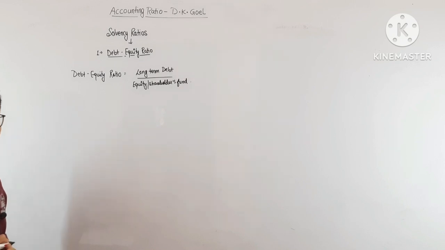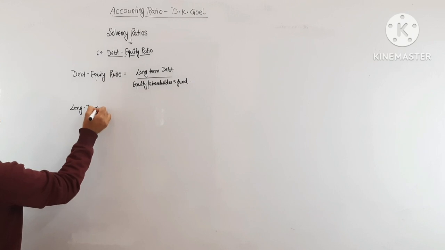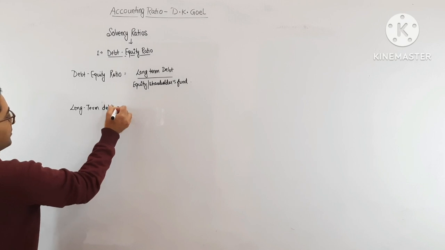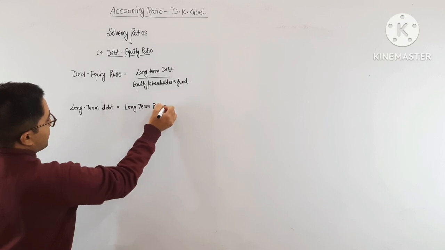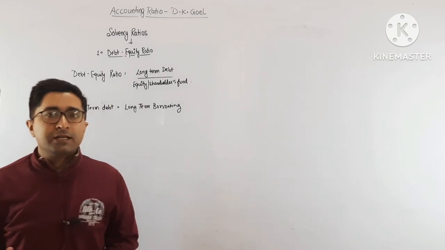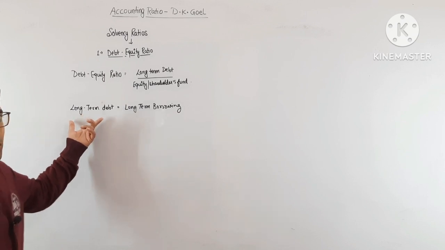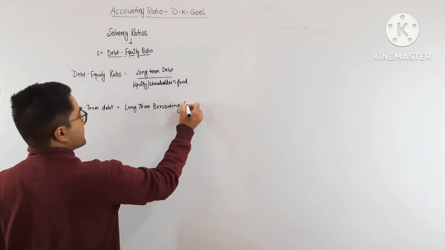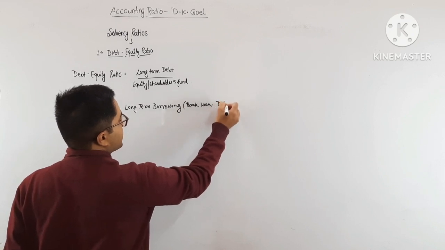This is the formula. Okay, now see what is long term debt. Long term debt means long term borrowing. ठीक है, आपके ऊपर कितना कर्ज है, कर्ज को ही बोलते हैं डेट. तो अब आपको ये समझ में आ गया होगा कि व्हाट इज लॉन्ग टर्म डेट. सो लॉन्ग टर्म डेट इज बेसिकली अ लॉन्ग टर्म बोरोइंग्स, विच इंक्लूड सच एज बैंक लोन, डिबेंचर्स.